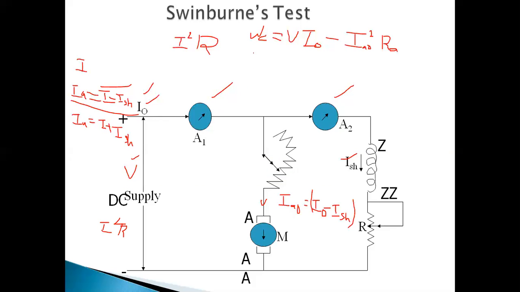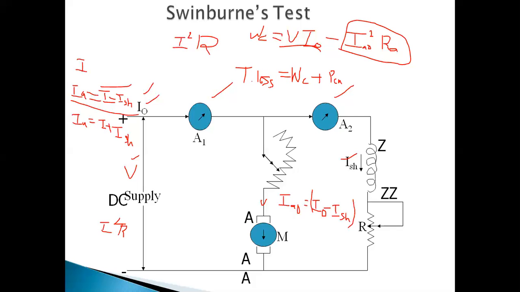Then the constant losses are equal to V I naught minus the no load armature copper losses. Then the total losses at load time are equal to the constant losses plus the copper losses at the particular load. This is the total loss.